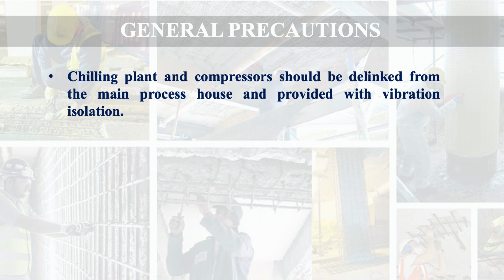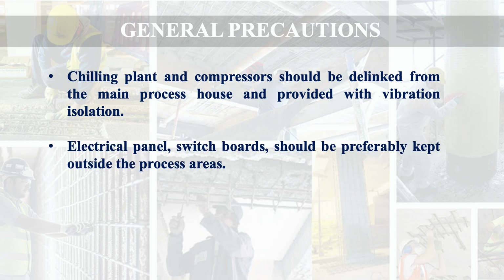Chilling plant and compressors should be delinked from the main process house and provided with vibration isolation. Electrical panels and switchboards should preferably be kept outside the process area.